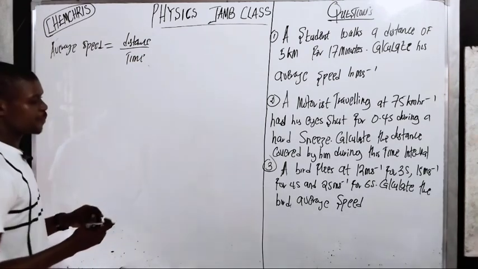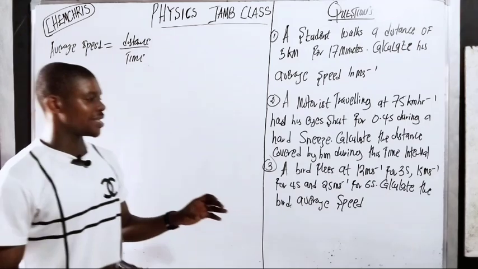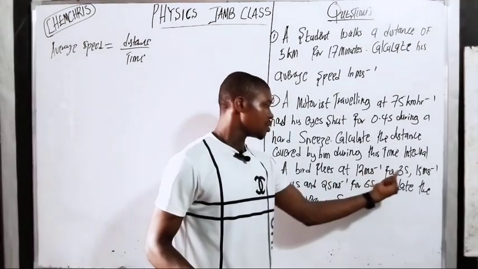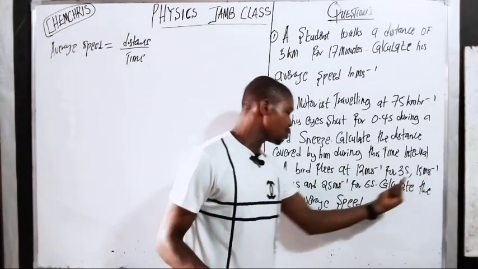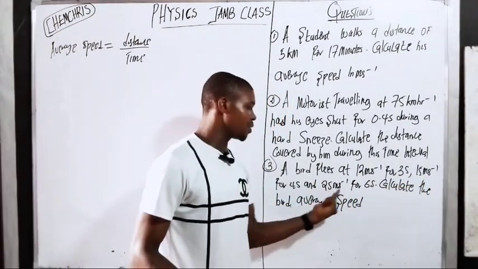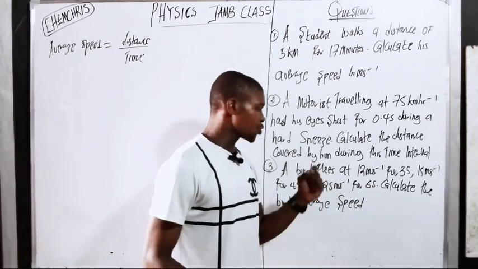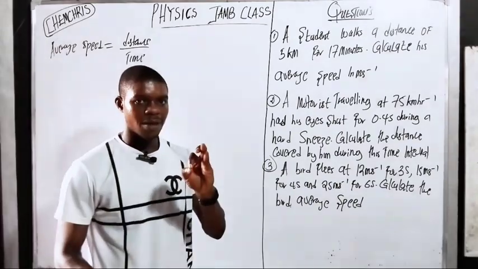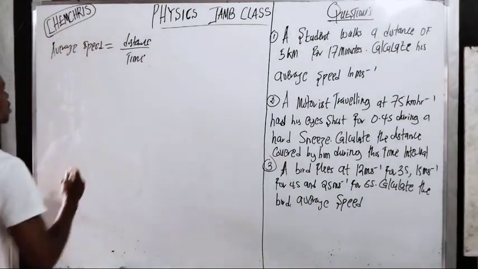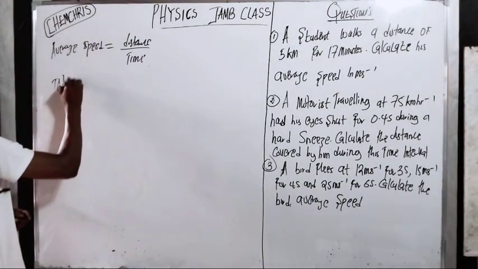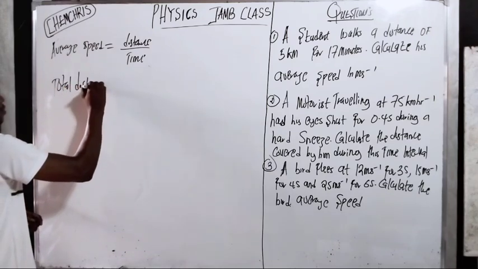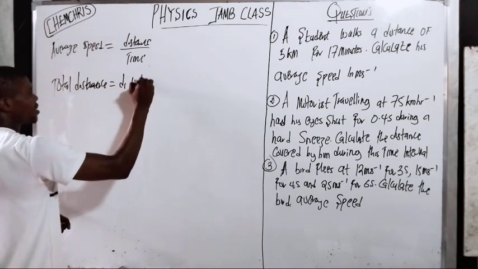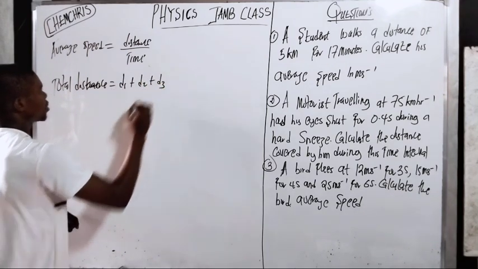If I want to get my average speed, I need to look for the distance, because here we have speed 1 and time 1, speed 2 and time 2, speed 3 and time 3. So I have to look for the total distance, which is going to be d1 plus d2 plus d3.